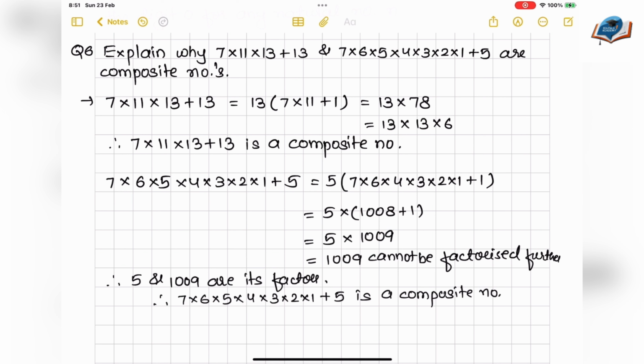Therefore, p is also even. So, we can assume that p equals 2x, where x is an integer.